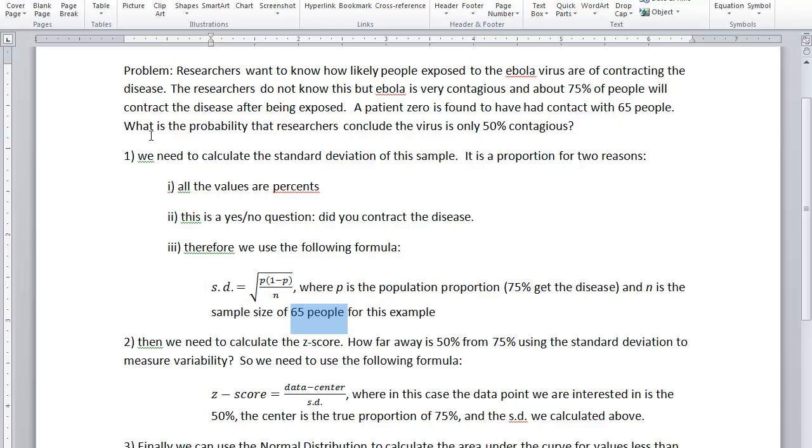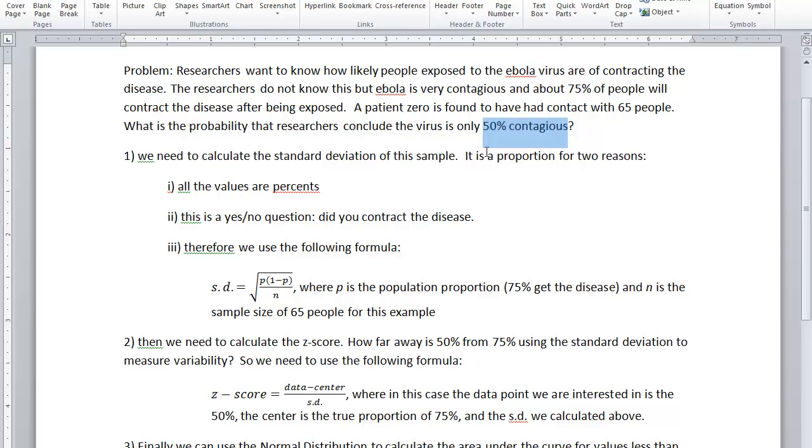Alright, so what is the probability that researchers conclude that the virus is only 50% contagious? And I chose 50% contagious because it's like a 50-50 chance. You have a 50% chance of not getting the disease, maybe a 50% chance of getting the disease. And it seemed like to me mathematically that would be a breaking point. Now, I am not an expert on contagious diseases or epidemics or what creates exponential growth.